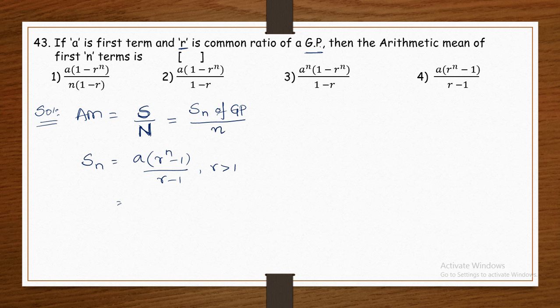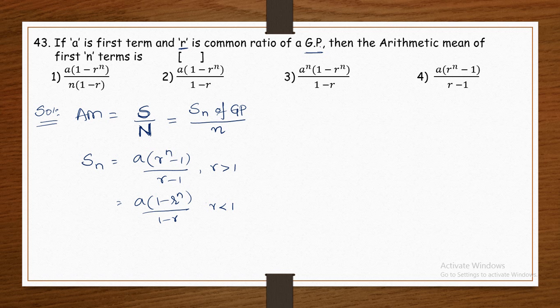The same way, the Sn formula can be written as A into (1 minus R power n) by (1 minus R), which is possible for R less than 1, that is mod R less than 1. You can use either formula because the value of R was not mentioned.